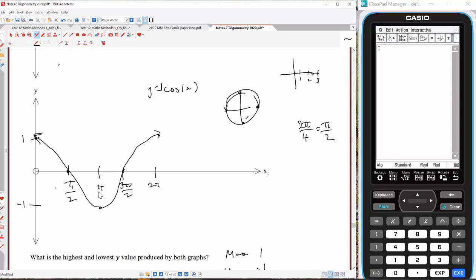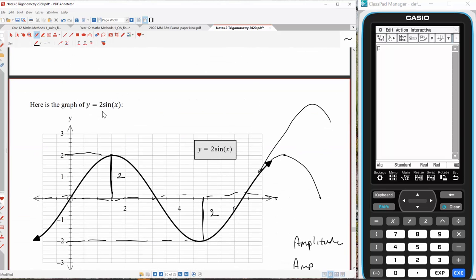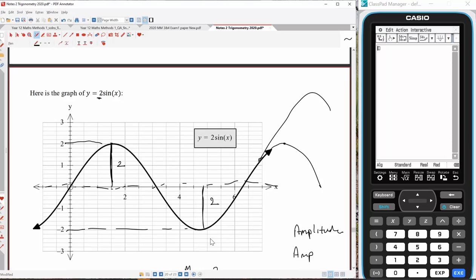What you might note is this value here is 2, which produces an amplitude of 2, a distance from the middle line of 2 and 2. Whether that value is negative or positive, we just state the positive version. So if that was -2, I would still say the amplitude is 2.